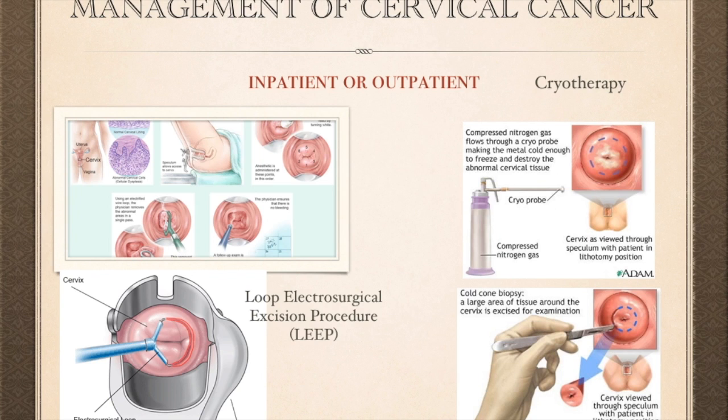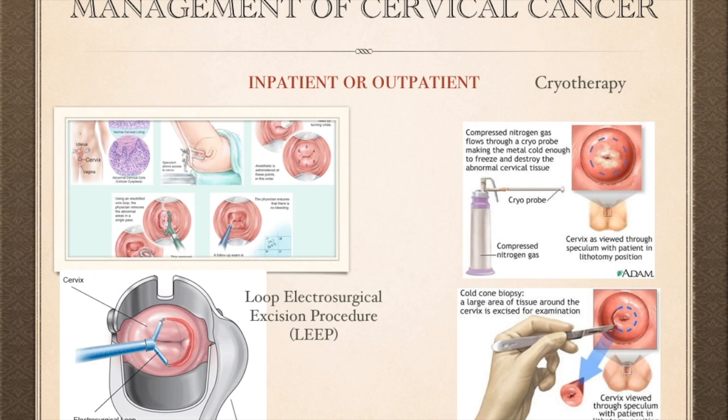We know it's done when we can see that the area of the cervix that is just extending beyond the probe itself is frosty. The patient will be complaining of cramping as this is being done. And then if you look at the lower right picture, this is what we call the cold knife cone.